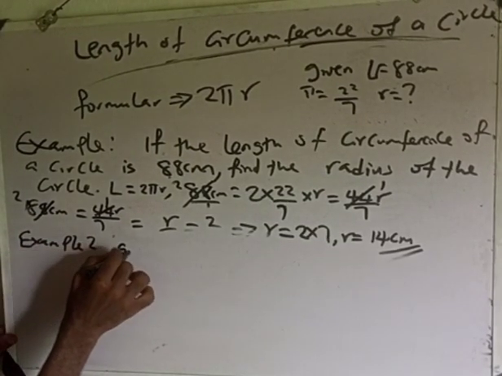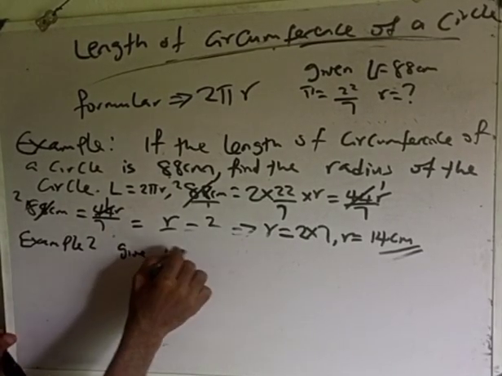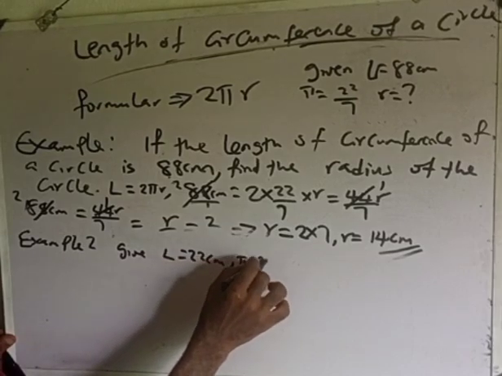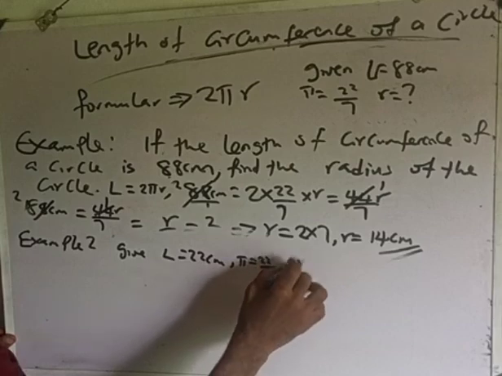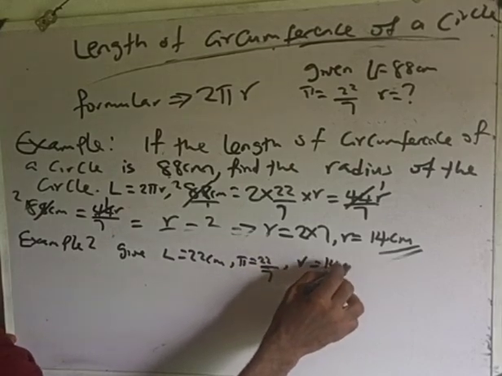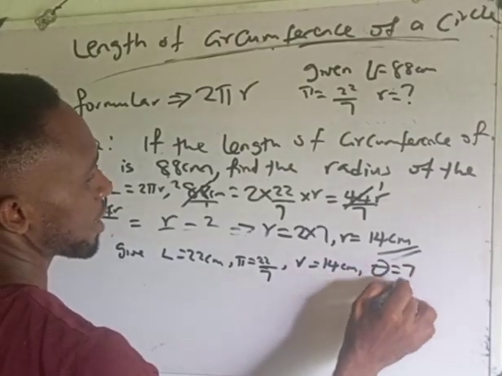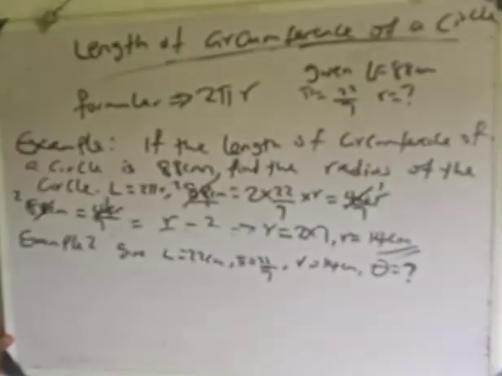Let's say you are given that our length of the arc is equal to 22 cm. We also know that our pi is equal to 22/7, which is always constant. We also know that our radius is 14 cm. Let's say now they are telling us to find theta. What is theta? In this case, we'll just go about it the same way.